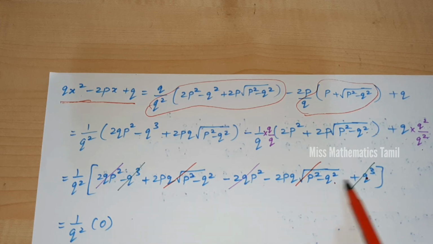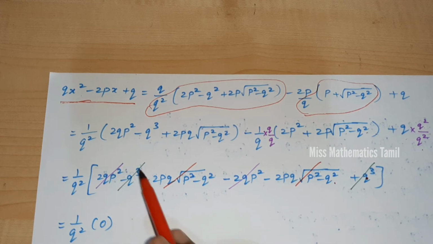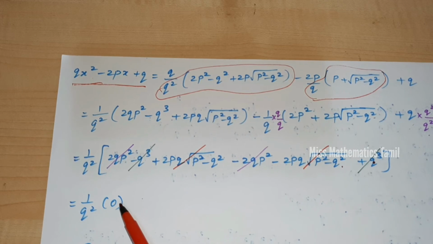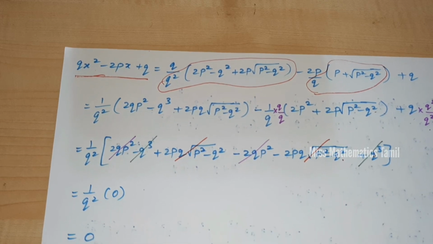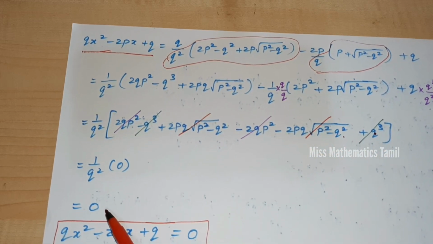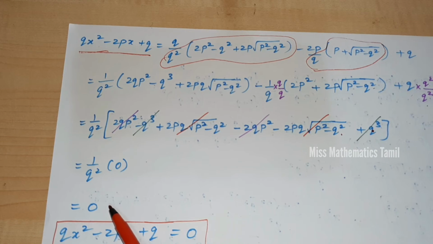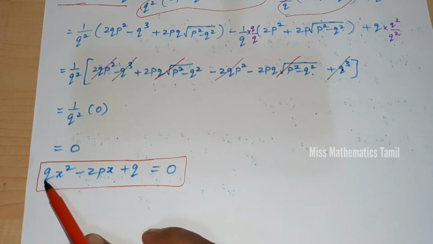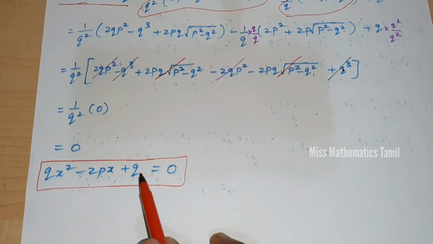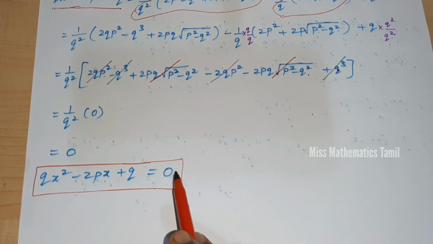So each and every term is cancelling. So in the numerator we have only 0. So 0 divided by q square is equal to 0. Okay. Final answer is qx square minus 2px plus q is equal to 0.